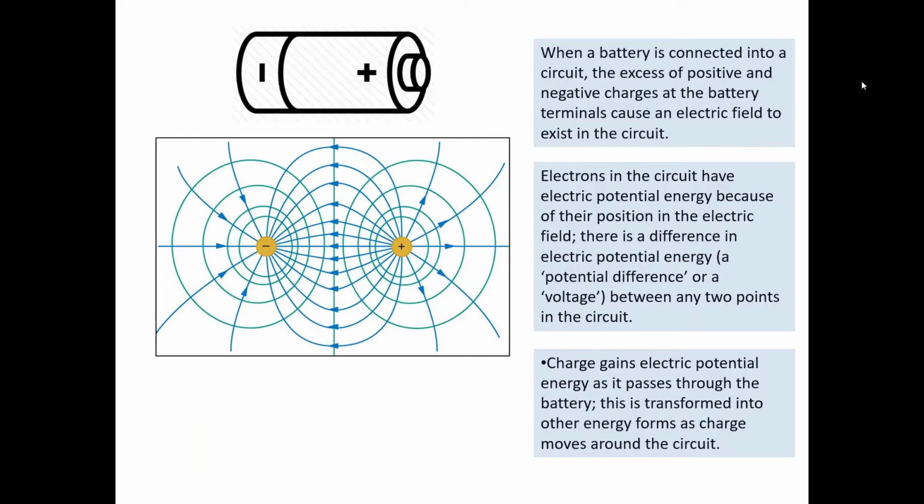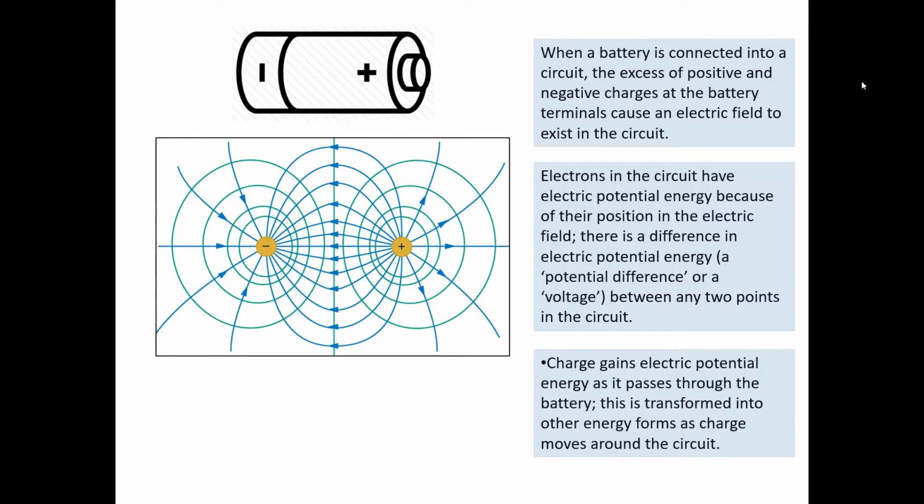Now, because a battery has a positive end and a negative end, it will produce an electric field. So, when a battery is connected into a circuit, the excess of positive and negative charges at the battery terminals cause an electric field to exist in a circuit. Electrons in a circuit have electric potential energy because of their distance from the electric field.